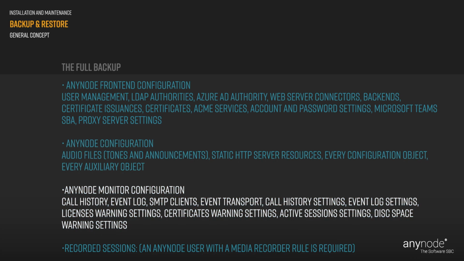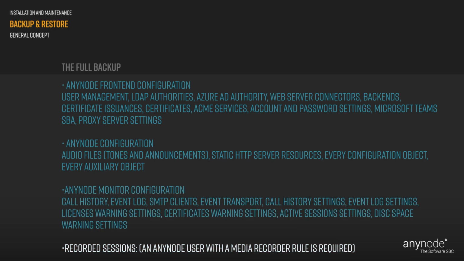Anynode monitor configuration, call history, event log, SMTP clients, event transport, call history settings, event log settings, licenses warning settings, certificates warning settings, active session settings, disk space warning settings. Recorded sessions: an anynode user with a media recorder rule is required.